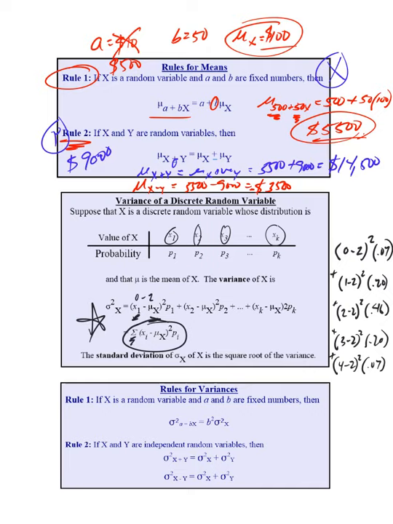And then, of course, you can go to your calculator at this point. So in this case, we have 0 minus 2 is negative 2 squared is 4. So we'd have 4 times 0.07 plus 1 times 0.20, and then the next one is 0, and the next one again is 1: 3 minus 2 is 1, 1 squared is 1, times 0.20 is 0.2, so we'd add that 0.2 in. Then we'd have 4 minus 2 is 2, 2 squared is 4, 4 times 0.07 would give you another 0.28.